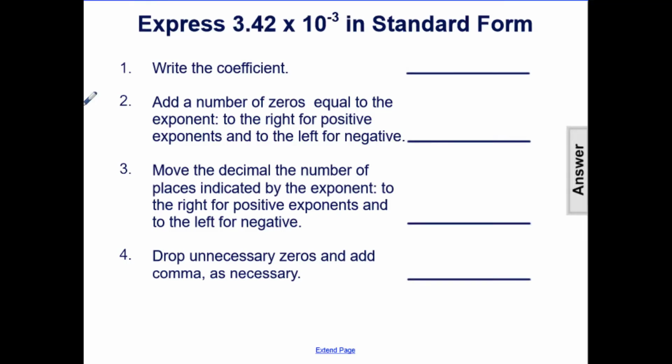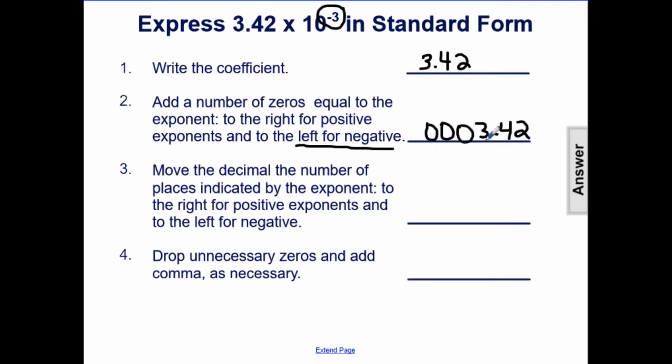Let's now express 3.42 times 10 to the negative 3 in standard form. Let's look at an example that has a negative exponent. So here we're still going to use the same steps where we write the coefficient. And now we're going to add a number of zeros equal to the exponent, and our exponent is negative, so we're going to move to the left and add 3 zeros to the left of the 3 in 3.42.